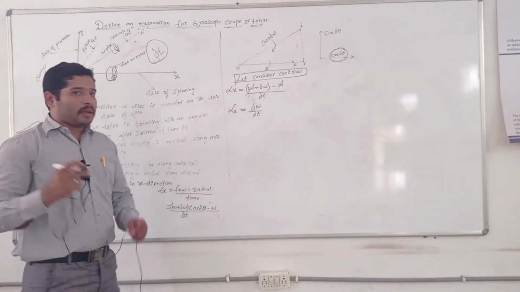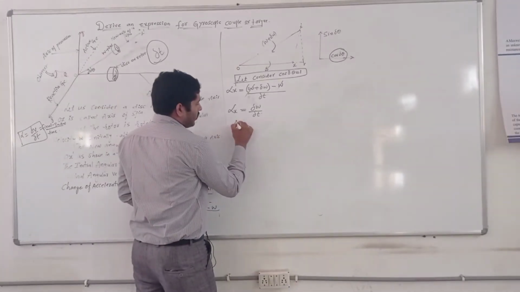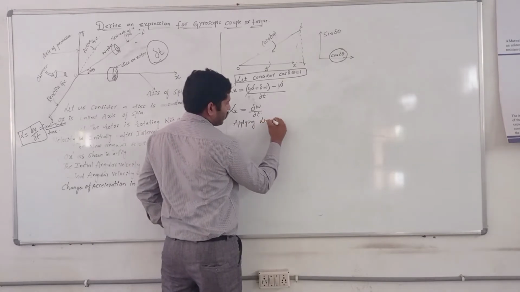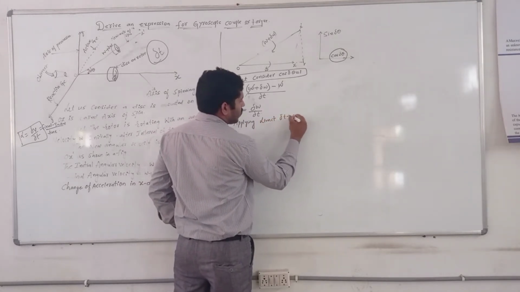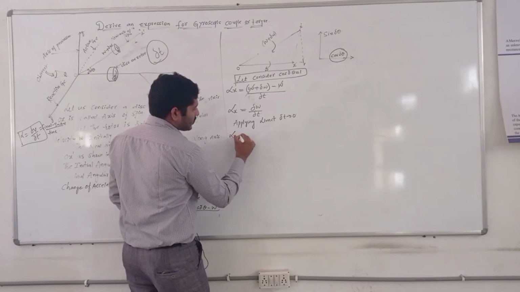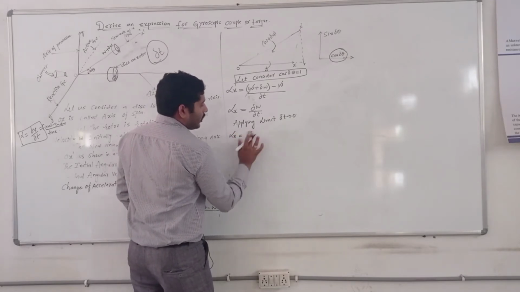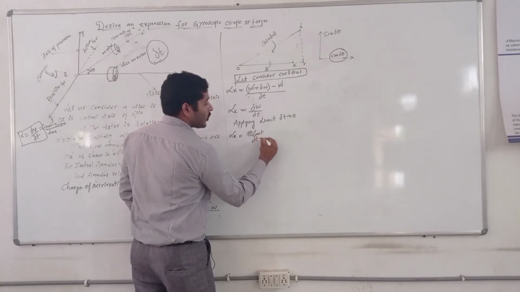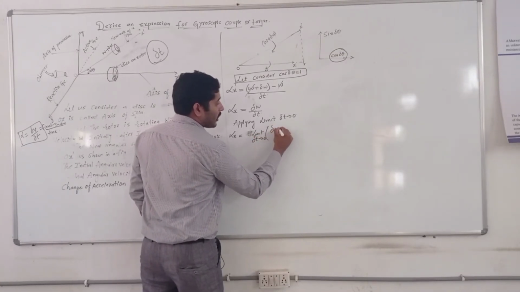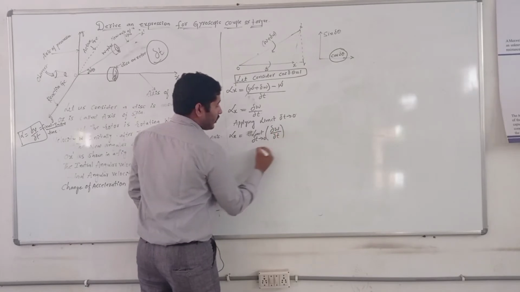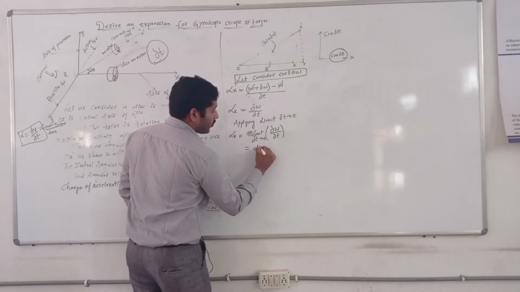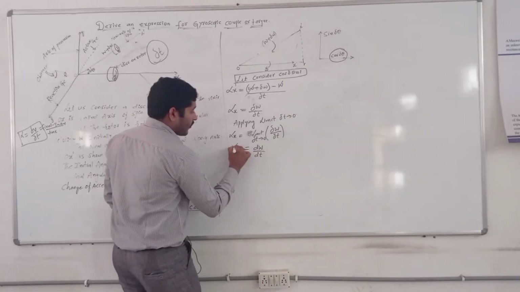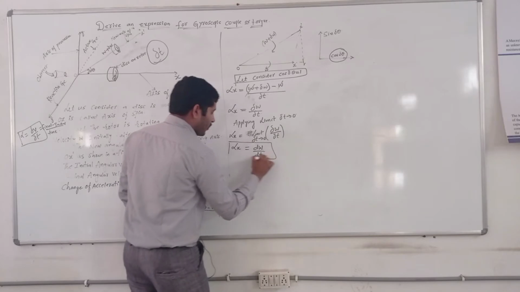Then if we apply the limit, delta t tends to 0, then alpha x is equal to limit delta t tends to 0 of delta omega by delta t, which equals d omega by dt. That is the value of alpha x.